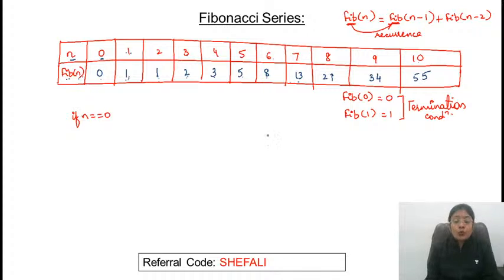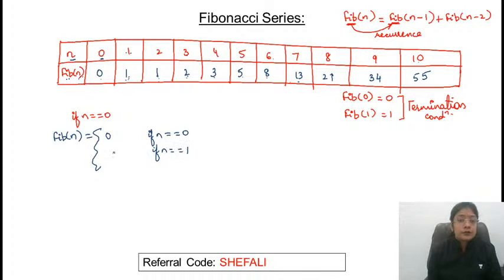Correct? So what is the recurrence relation? The recurrence relation is nothing but Fibonacci of n, this will be returning 0 if n is equal to 0, and if n is equal to 1, it is returning 1.